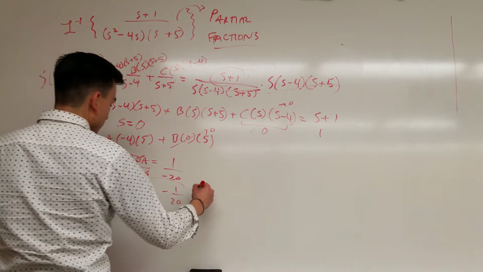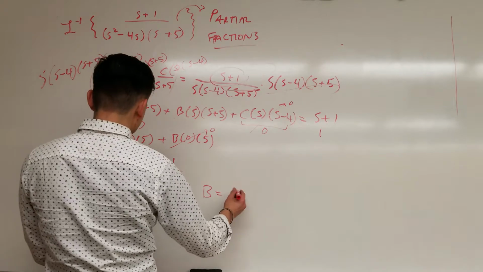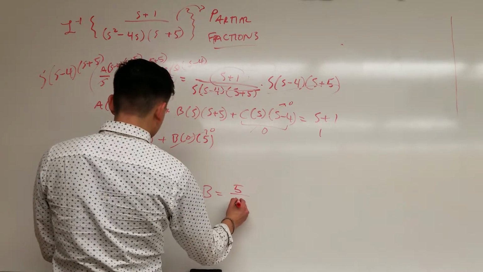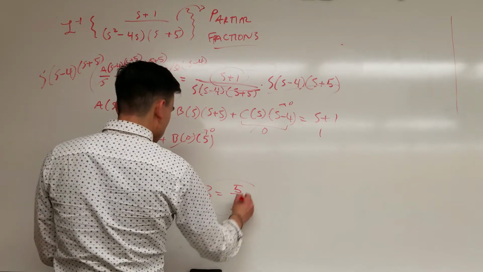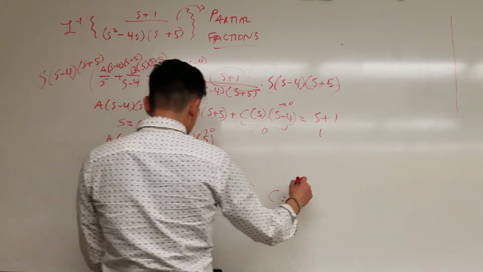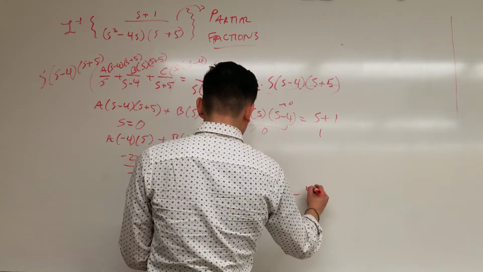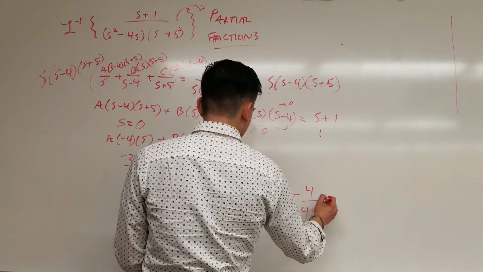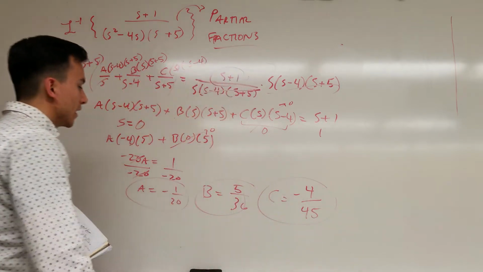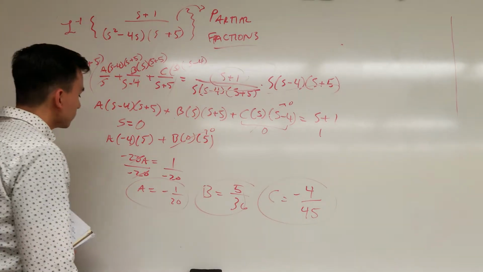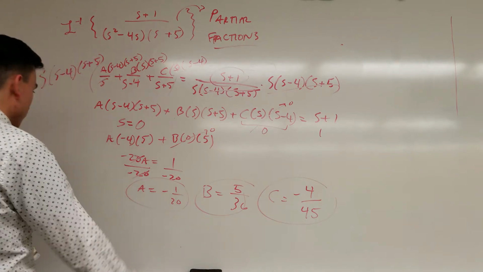And B is equal to 5 over 36. And C is equal to negative 4 over 45. I just did that all in my head right now. Great.